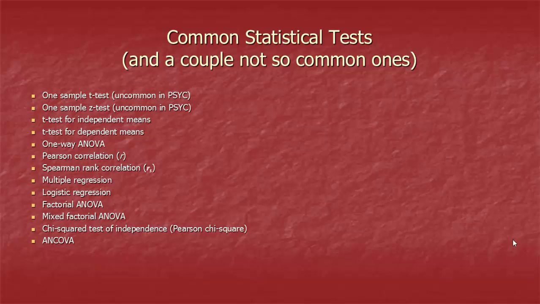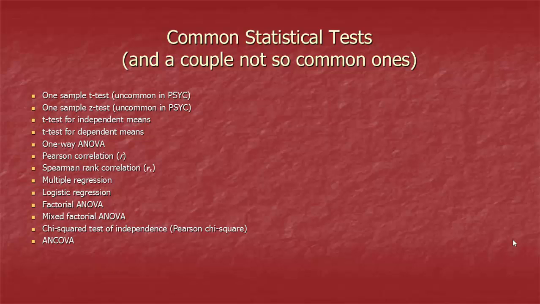Next test, multiple regression. Multiple regression is actually a very, very flexible statistical test, and you can use it in a lot of different situations. Really, the only absolutely required thing to use it is that you have a continuous dependent variable or outcome variable.